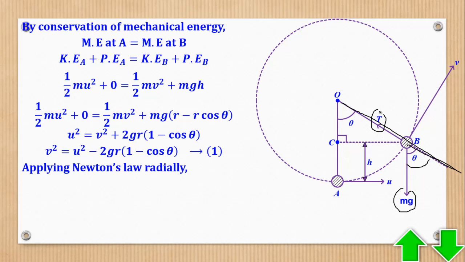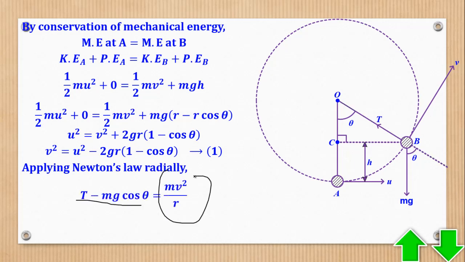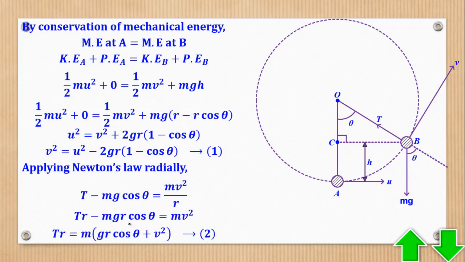And the resultant force towards the center will be T minus mg cos theta. So you come and say that T minus mg cos theta is equal to the centripetal force. Multiply throughout by r to give you that. Then take this one this side to give you this. And that is equation 2.